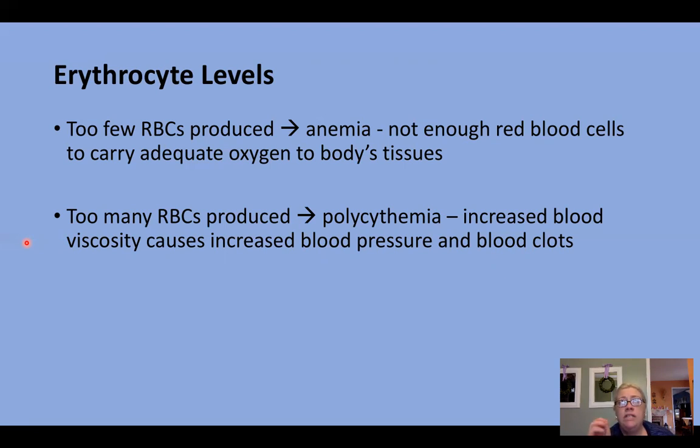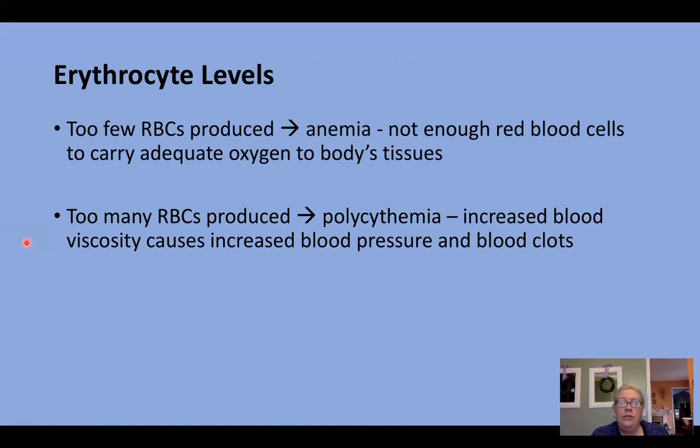And the more viscous the blood is, the more chance you have of having a very high blood pressure, because it's going to take more force to move that viscous, thick blood through the arteries and veins. And you also have an increased chance of that viscous blood just becoming clotted and stuck in smaller vessels.